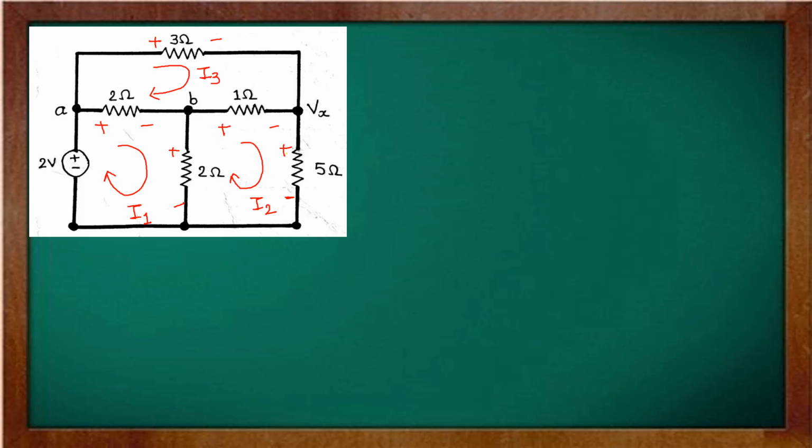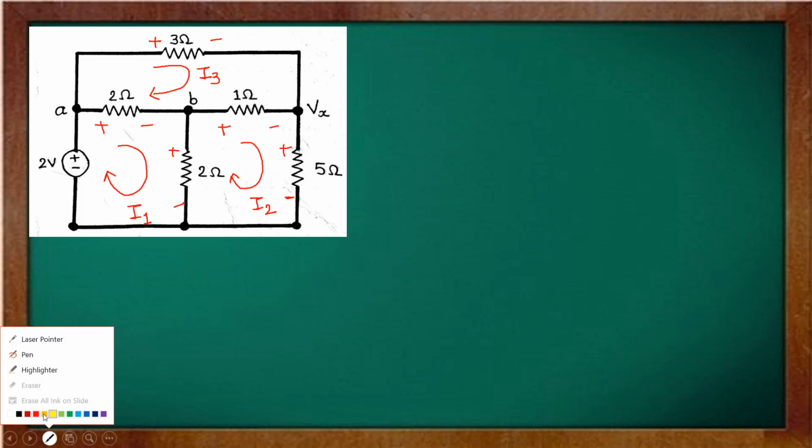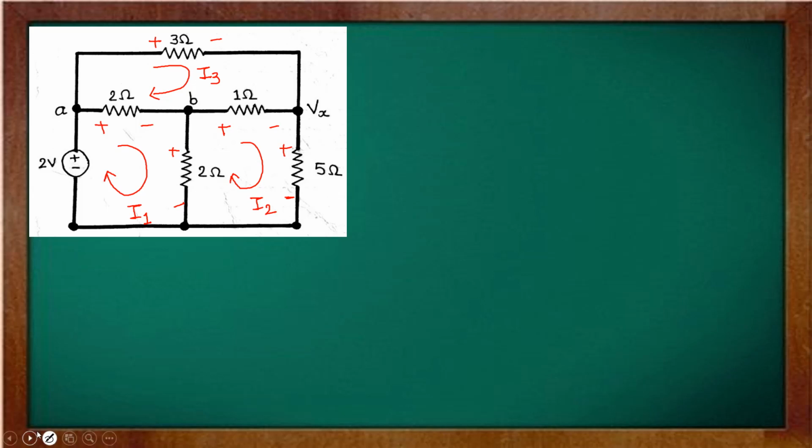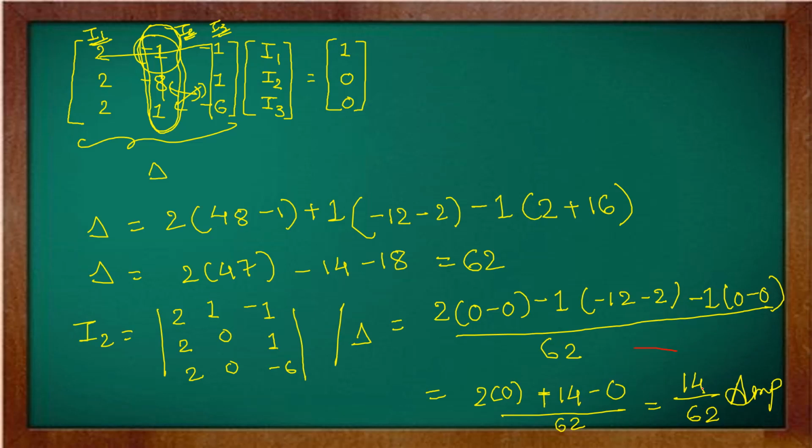Now, as I said, see, this is the diagram and we are interested in finding the voltage drop, that is Vx, like this voltage drop. So the value of resistor is 5, and the current is only I2. So the value is 5I2. And we already have the value of I2, which is 14 divided by 62.